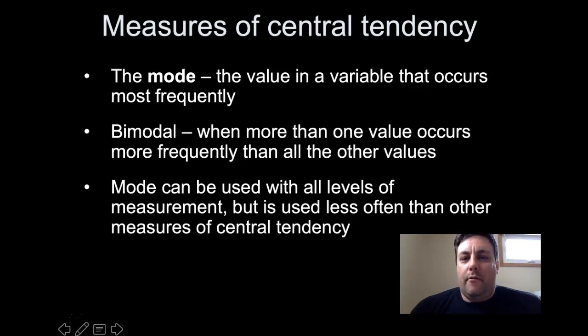If those numbers occurred with the same frequency and more than all the other ages, we would say that there's a bimodal distribution. Mode can be used with other measures of central tendency, or it can be used with all levels of measurement. It's probably used less often than other measures of central tendency.